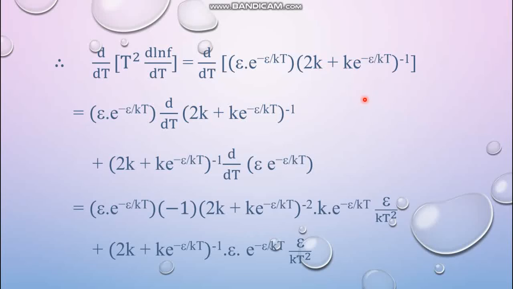So how to do this? You have to do this by the rule for differentiation of a product xy. If you are differentiating xy with respect to z, then it is x dy/dz plus y dx/dz. So that is the rule. Here this part is constant, differentiate the other part; and secondly, that part is constant, differentiate the first part.